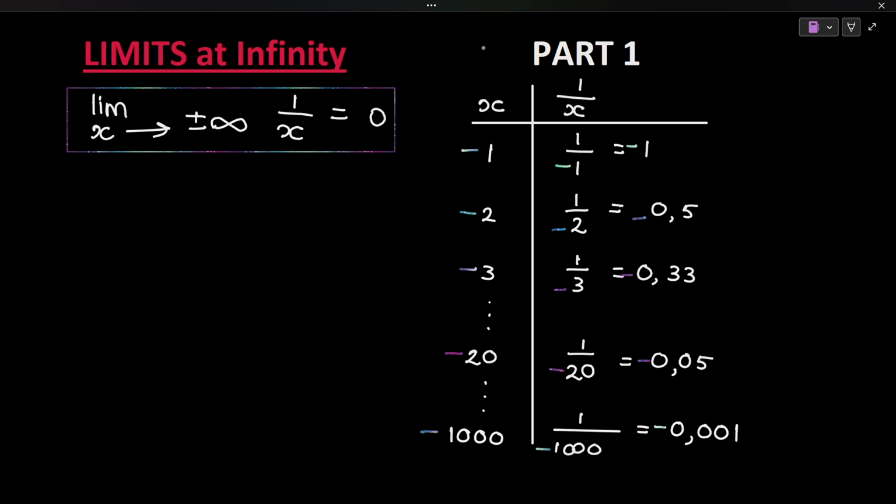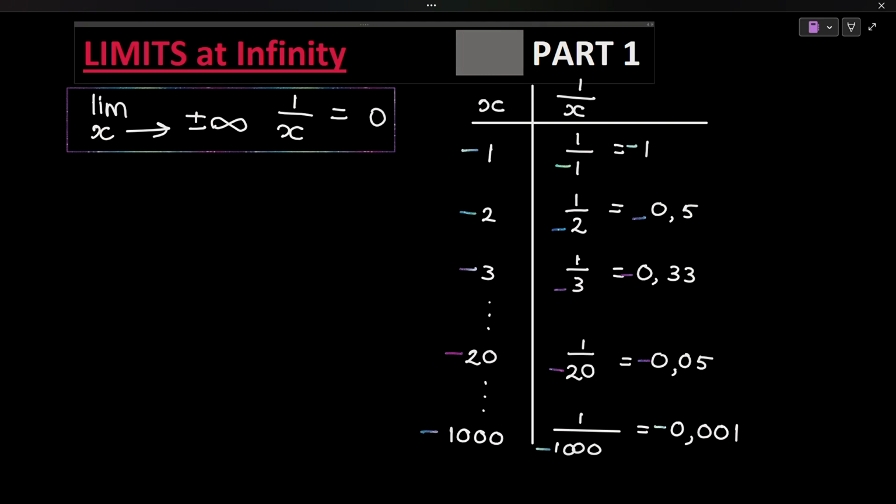But even though we are now substituting negative values, as the x values are approaching negative infinity, 1 over x is still approaching 0. So regardless of whether we're approaching positive infinity or negative infinity, this rule still stands. 1 over x will equal 0. Okay, so that's just to help you understand why this rule makes sense.